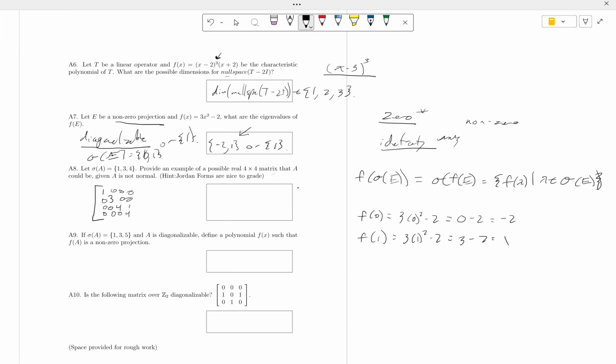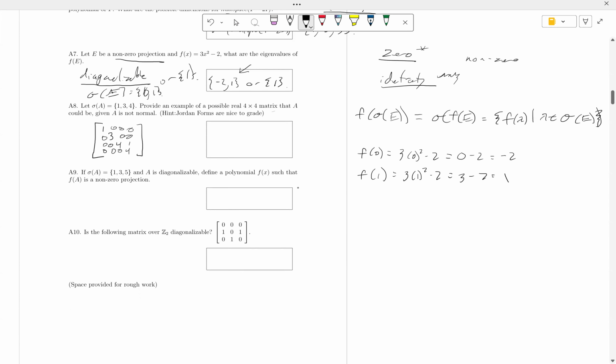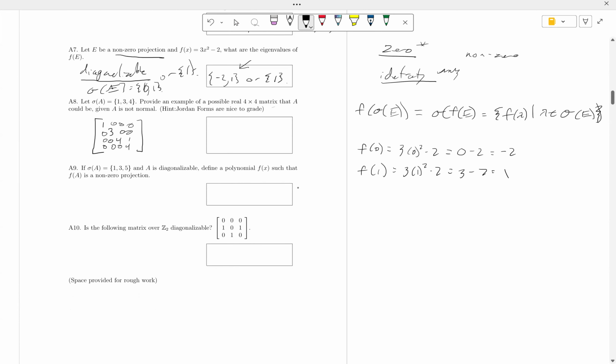But it could be a Jordan block with 1, a Jordan block with 2, a Jordan block with 3. It could be any of those. So the eigenvalues are 1, 3, and 4. So that's what I put on the diagonal. And then it's not normal, which we're going to take as not diagonalizable. It doesn't commute with its adjoint. Okay.